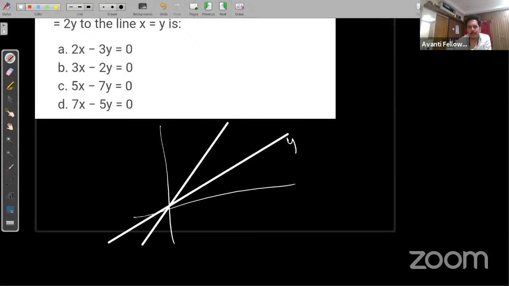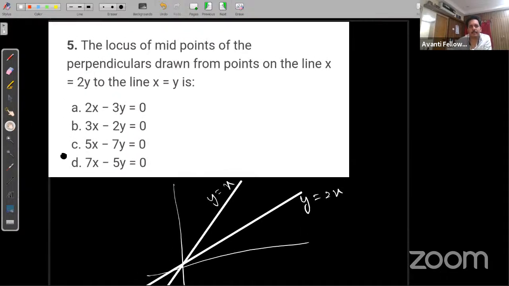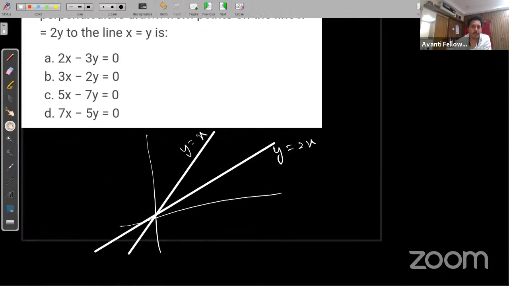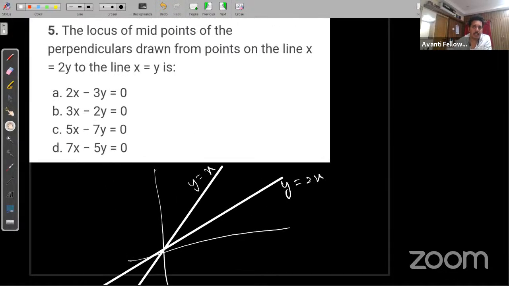Now he is asking about the locus of midpoints of the perpendiculars drawn from points on the line x is equal to 2y.